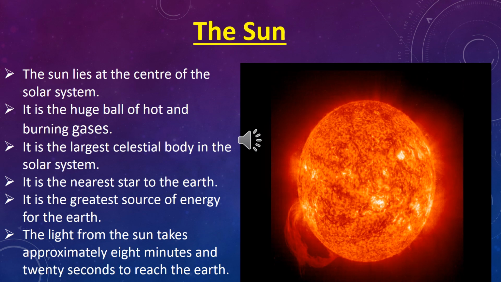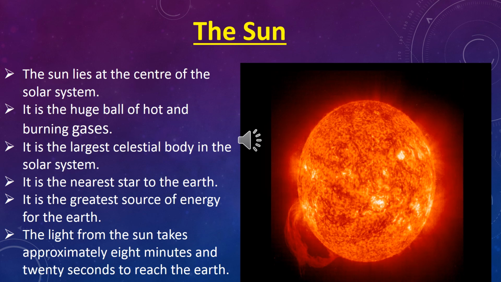So, the main points which we should learn and remember about the Sun are: the Sun lies at the center of the solar system. It is a huge ball of hot and burning gases. It is the largest celestial body in the solar system.